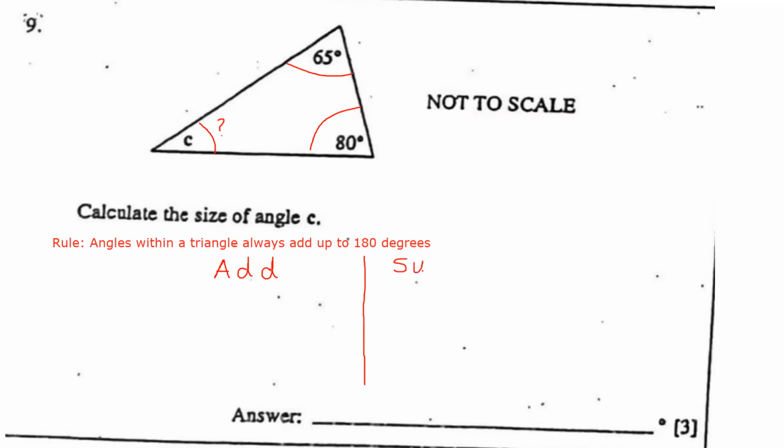So what are the 2 numbers that we're going to add? Well, we're going to add the 65 and the 80. So add first and then subtract. So we have to add 65 and 80. 65 plus 80.